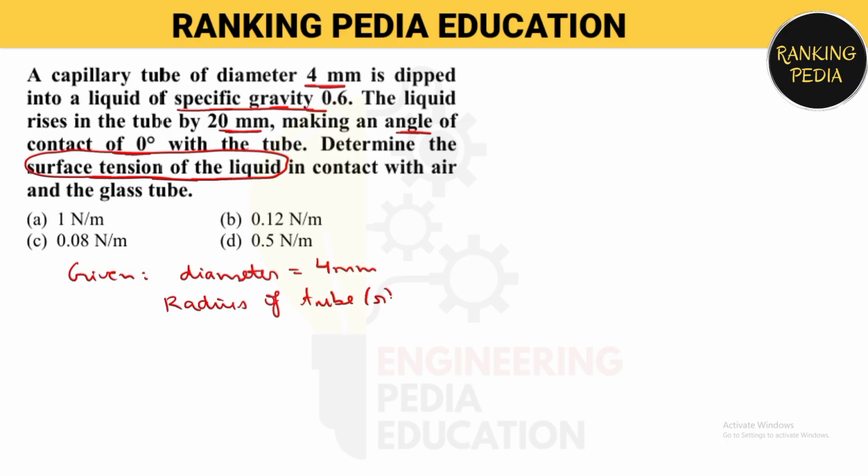Let's say small r is diameter of tube by 2. Then 4 by 2, radius of tube is 2 mm, or if it is converted to meter, then it will be 2 into 10 raised to the power minus 3. So this is your small r value.